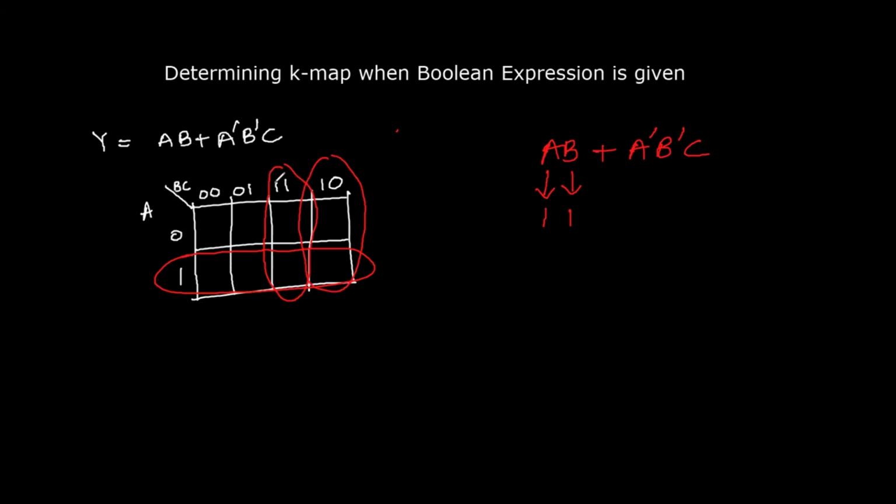If you see the two overlapping instances, you have this square and this square, which you can fill out with ones. Let's go ahead and do that.